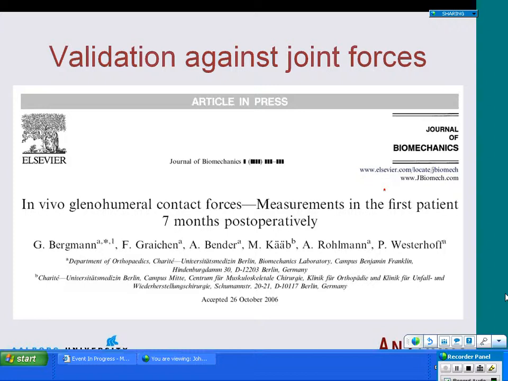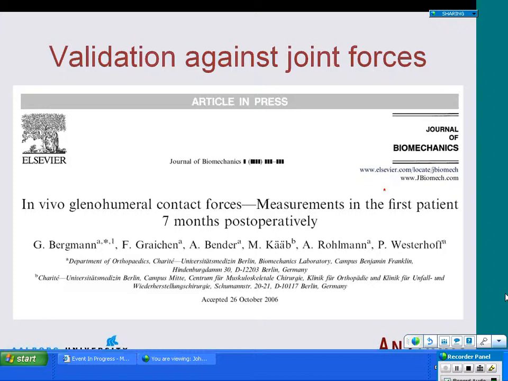And these are the first of what hopefully will be a lot of data coming out of in vivo measurements of gleno-humeral forces that are measured by an instrumented joint prosthesis that has been implanted into a number of patients. And as I said, these are the first and somewhat preliminary results of this study.